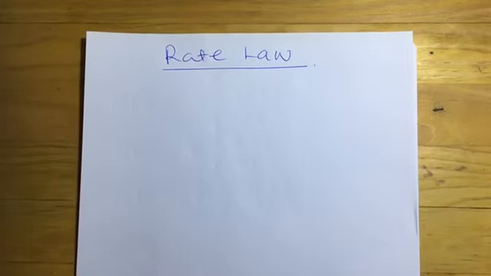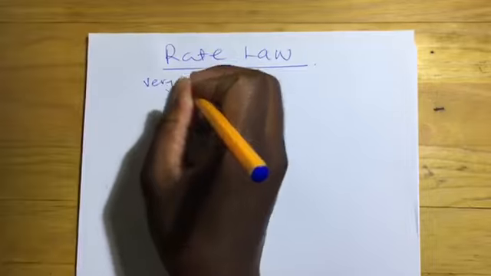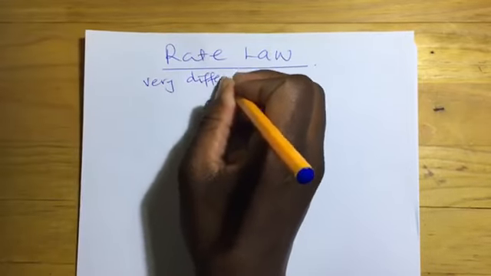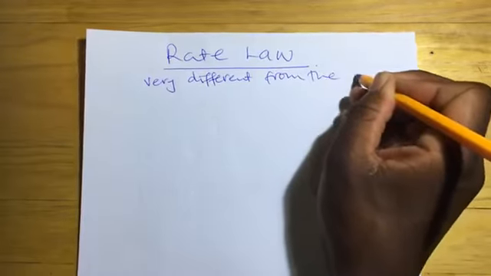The general rate looks at whether you're looking at reactants or products. And then the general rate is also interested in balancing numbers. You get? We're now looking at the rate law. The rate law is very different from the general rate.